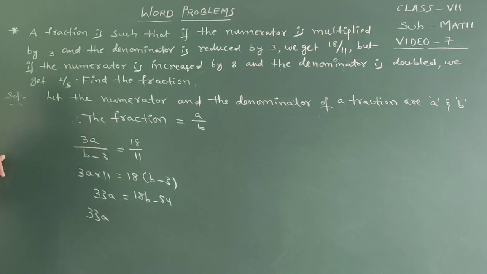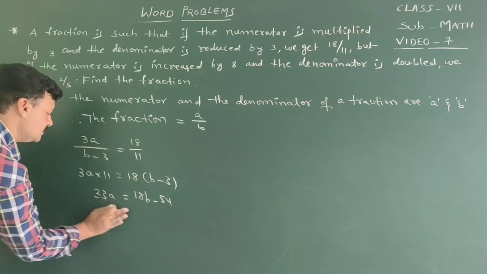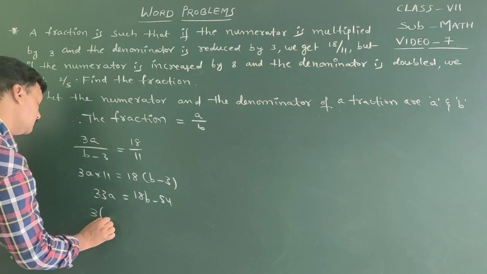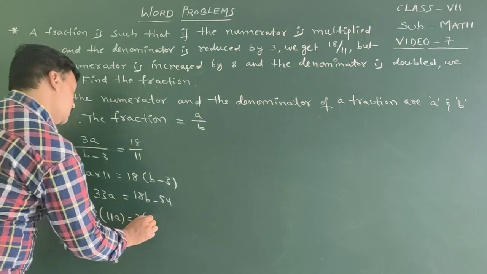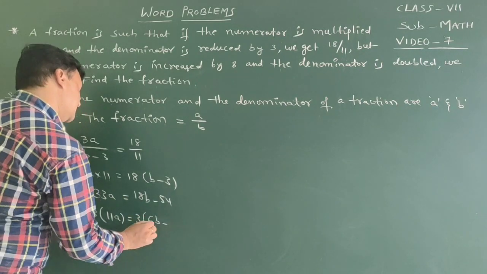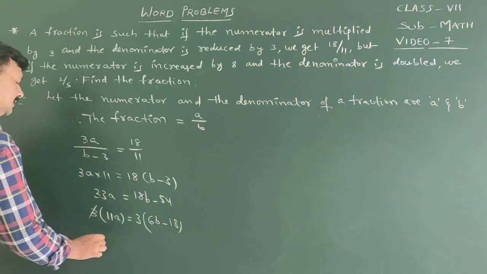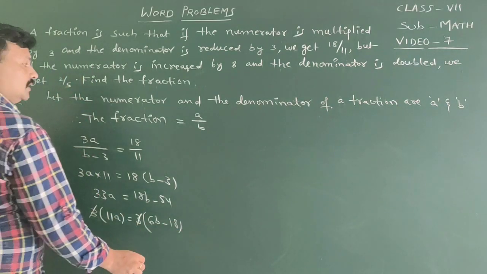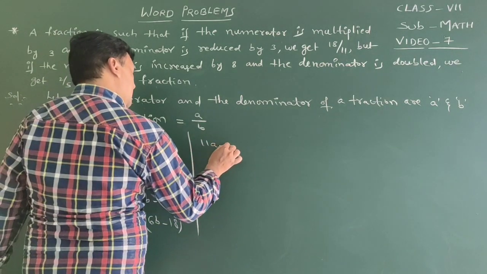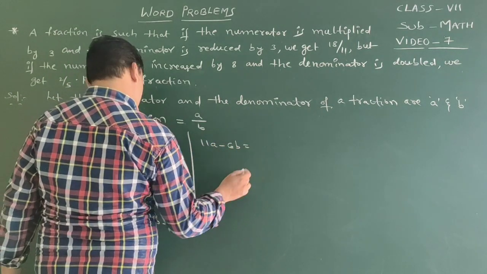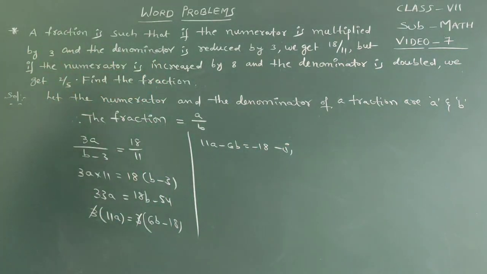If you take 3 common, 3 into 11a equal to 3 into 6b minus 18. So here 3 gets cancelled. Then the equation becomes 11a minus 6b equal to minus 18. First equation.